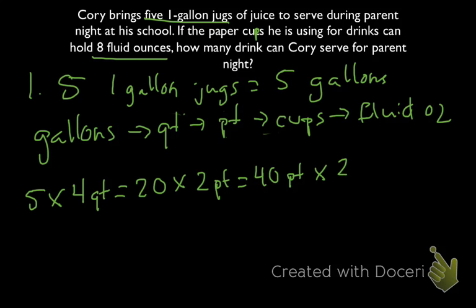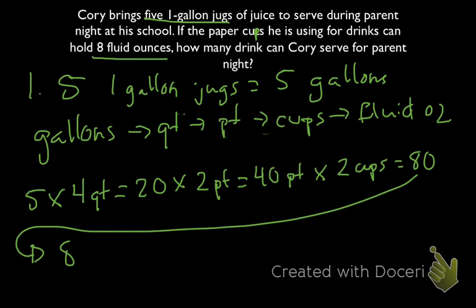Times 2 cups in a pint is 80. And let's bring that back down here. 80 times 8 fluid ounces in a cup. It's going to be 640 fluid ounces.